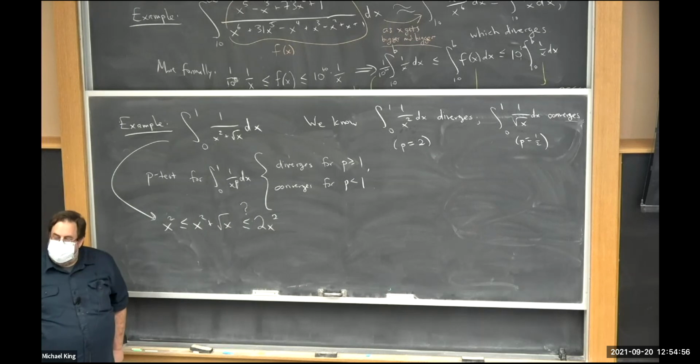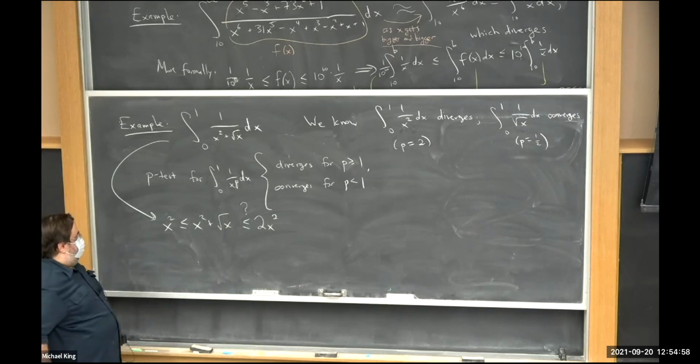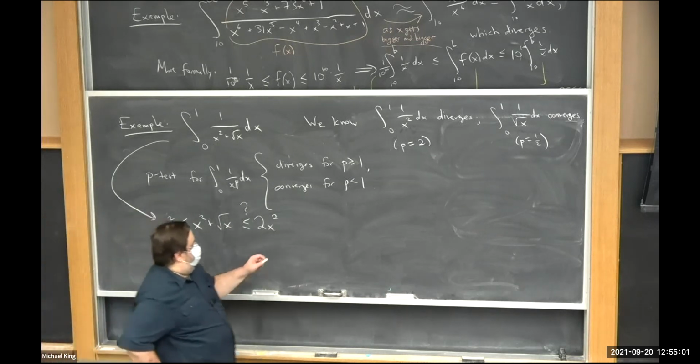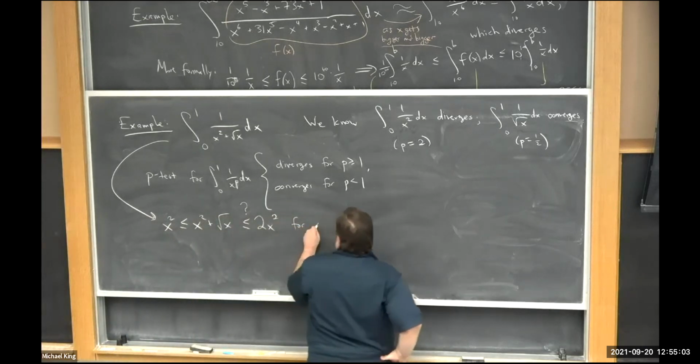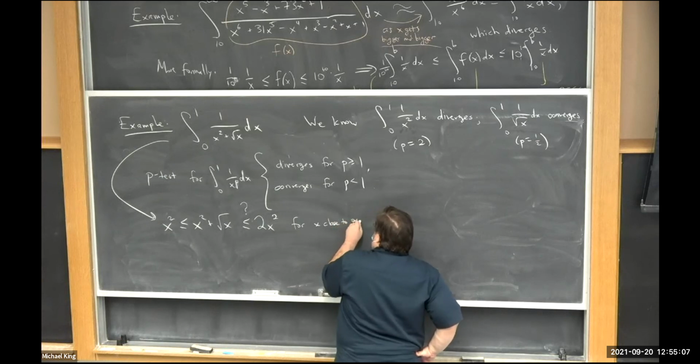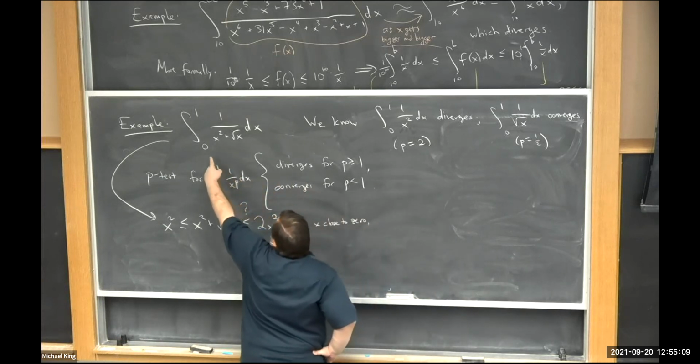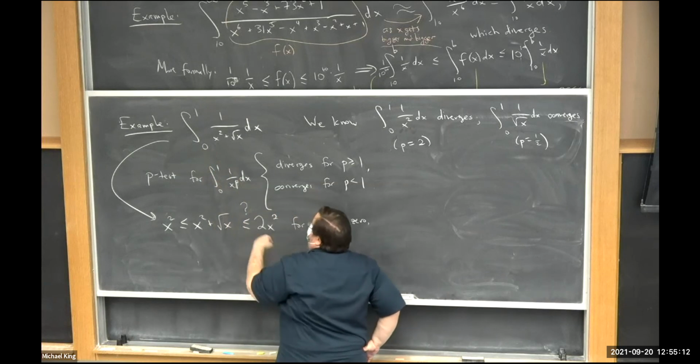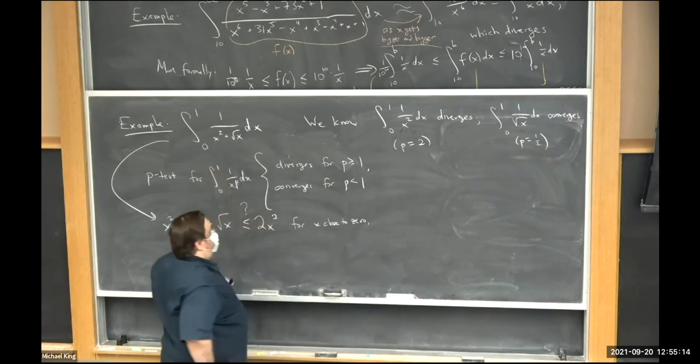When x is close to 0, this is what's interesting. This is for x close to 0, and positive. That's what we care about here. We're integrating from 0 to 1, but 0 is the bad point. We can't plug in 0 here. We get 1 over 0.